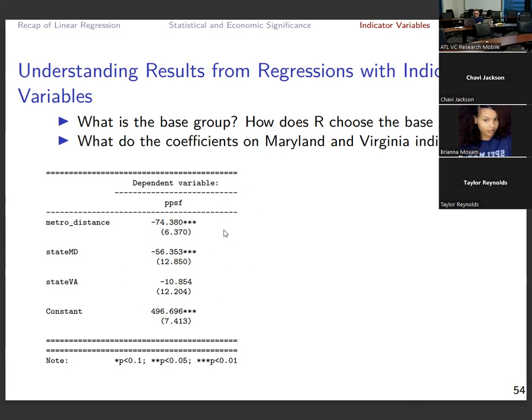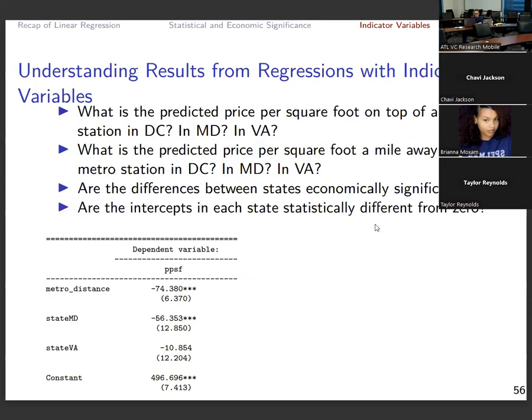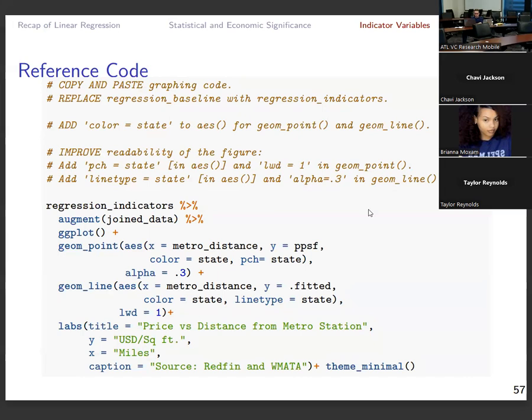And everyone was getting it the way that it should be in terms of talking about the statistical significance of the average price per square feet in Maryland and Virginia relative to DC. I think we're all pretty much in agreement here.